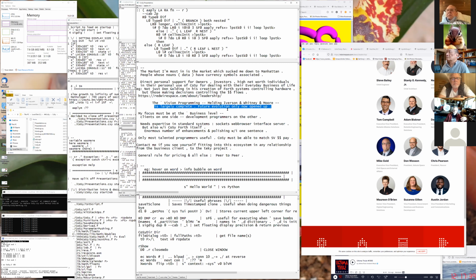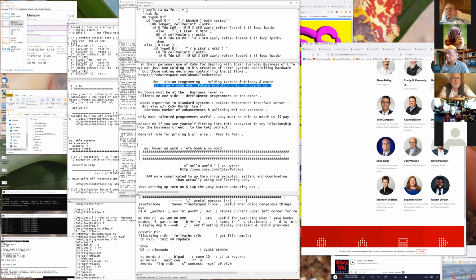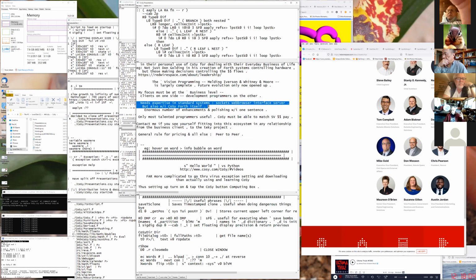Future evolution is now, you know, this just opens up the domain. So my focus from now on must be at the business level, clients on one side, development programmers on the other, because there's so much. There's an infinity. You can see in things I've written, there's the infinity of what I don't know, which is infinite relative to the finite amount that I understand.